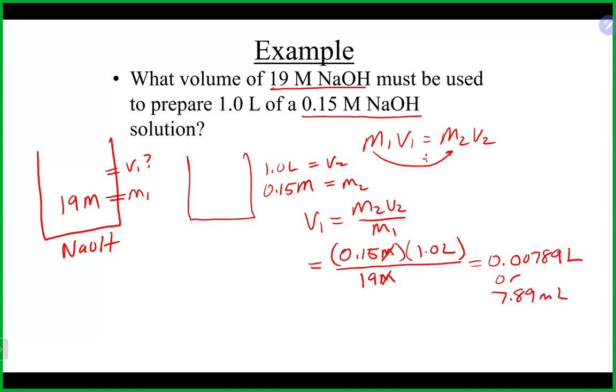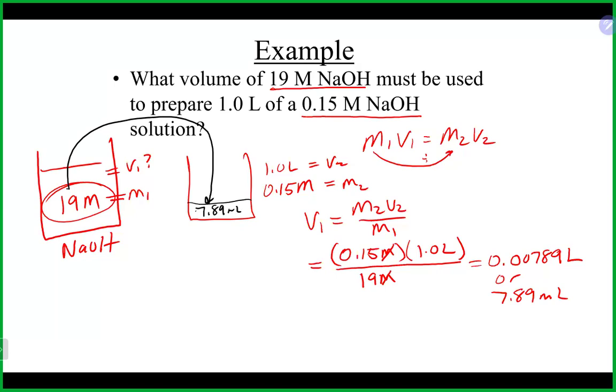What does that 7.89 milliliters mean? That is how much of this more concentrated solution you would go and take out. So you would go over to your bottle of 19 molar, and you would pull out 7.89 milliliters of the more concentrated solution.